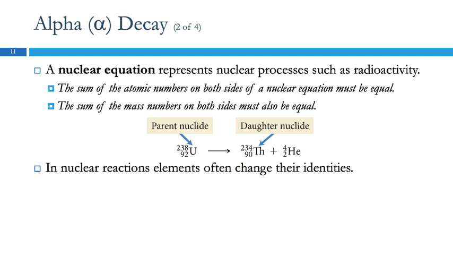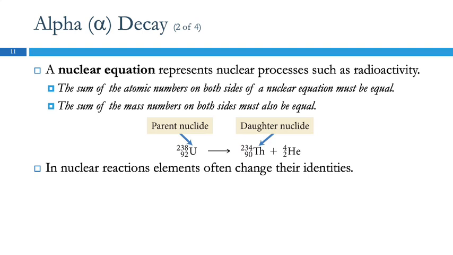And we're not balancing letters like we did before. We have a U, a Th, an He. That's not balanced at all because in nuclear reactions, elements often change their identity. So here, uranium is changing into a different element. That only happens in nuclear chemistry.